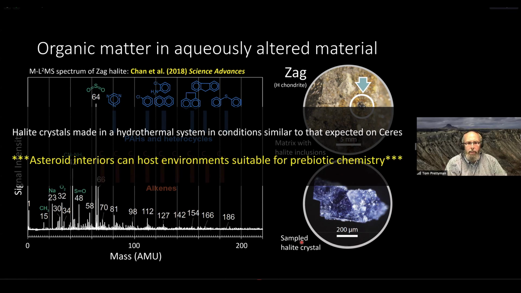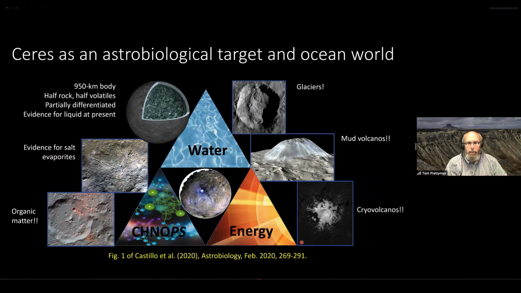The bottom line is asteroid interiors can host environments suitable for prebiotic chemistry. That said, all of this places Ceres as an extremely nice looking astrobiological target. And it also falls on the spectrum of ocean worlds. You have all the elements necessary: energy and water to do prebiotic chemistry.